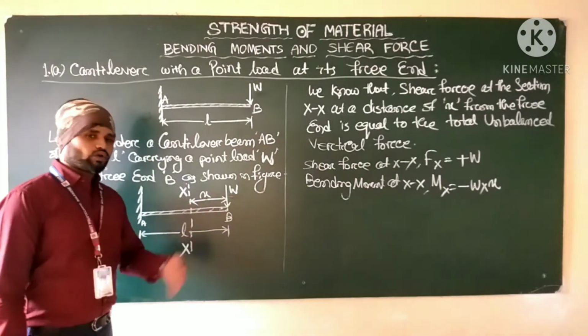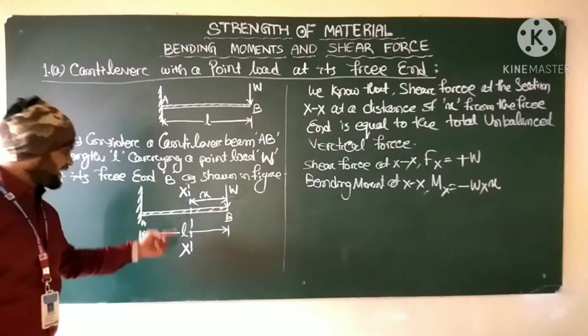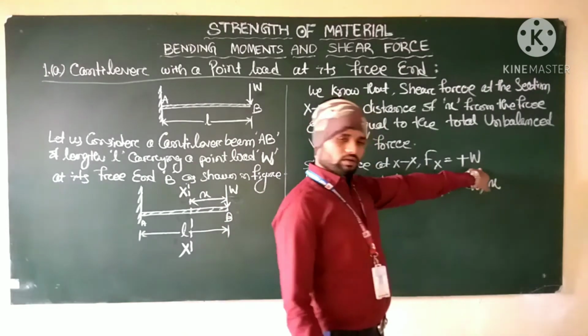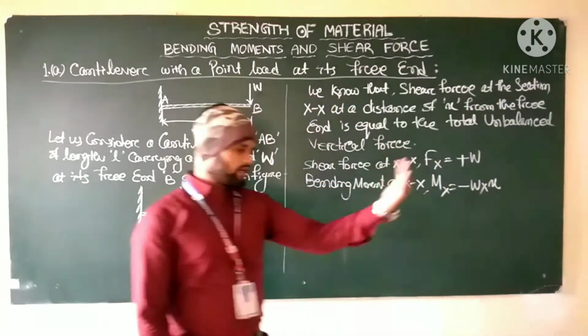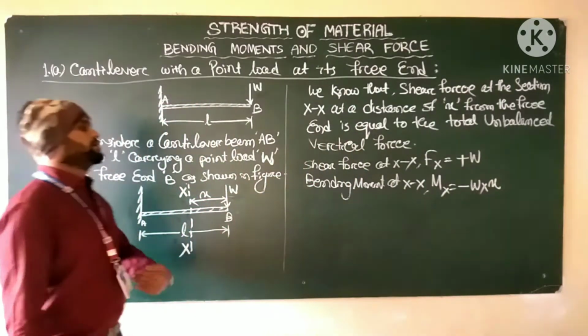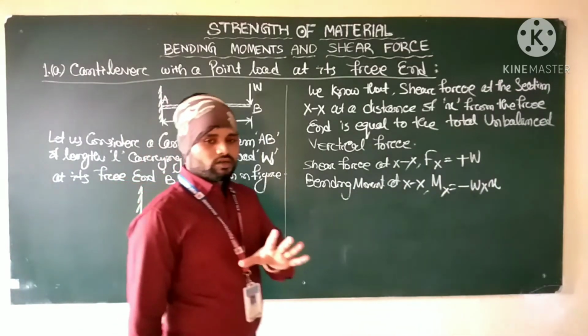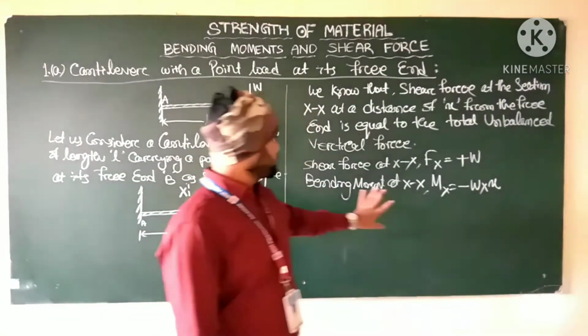If we want to calculate the shear force or bending moment at any section xx, then the shear force will be positive of load and the bending moment will be negative of load into the distance from the free end. So we have calculated. Now we will draw the shear force diagram and bending moment diagram for this load.